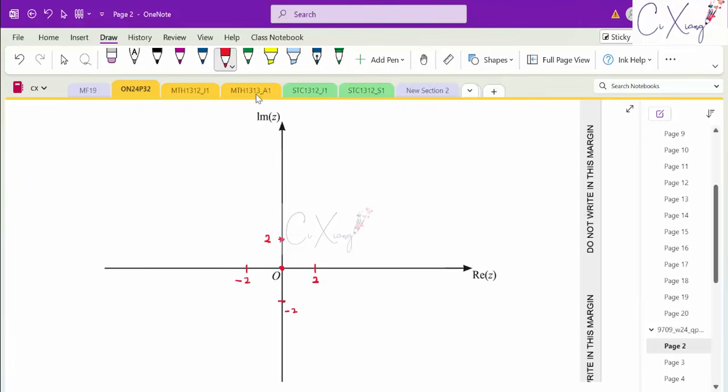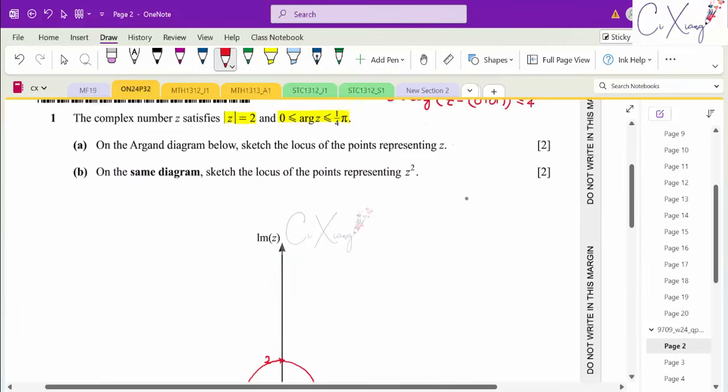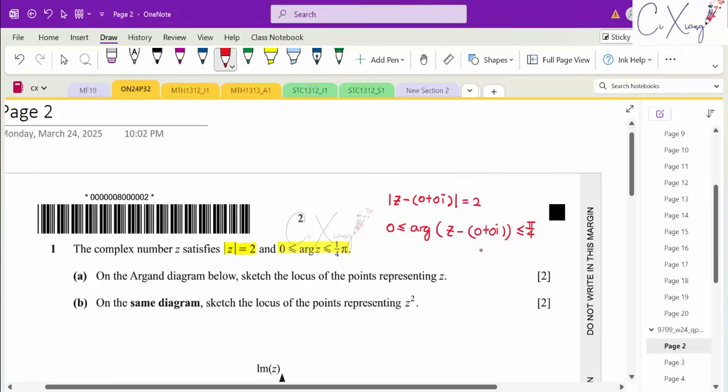Okay, then we try to plot them and draw a circle. So we try to sketch it as much like a circle as possible, right? Okay, all right. So this is my first locus here.